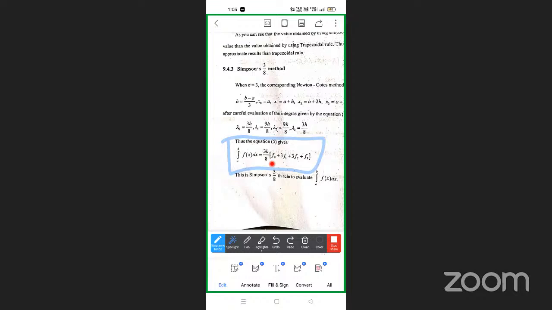That's all. This is the Simpson's 3 by 8th rule formula.